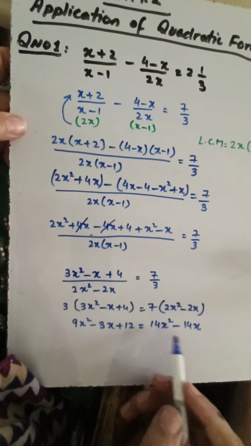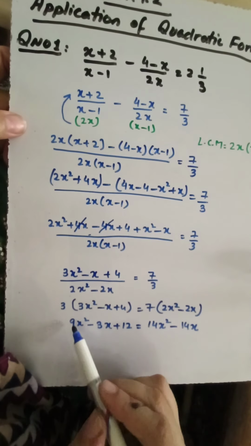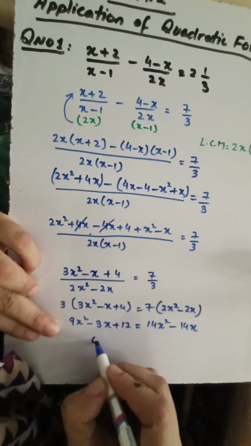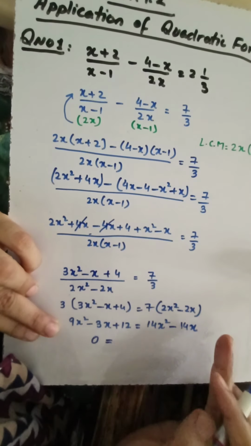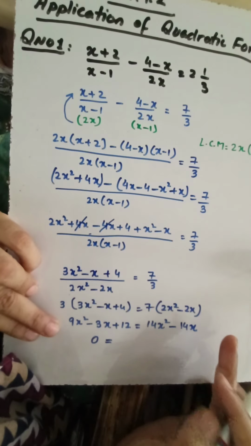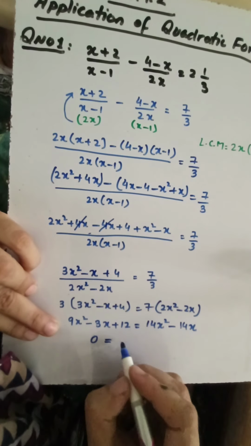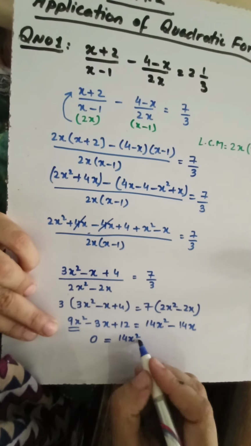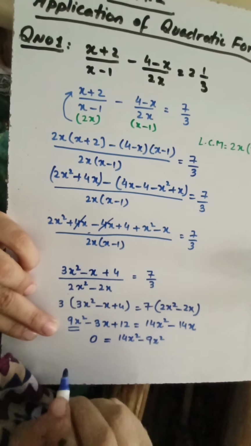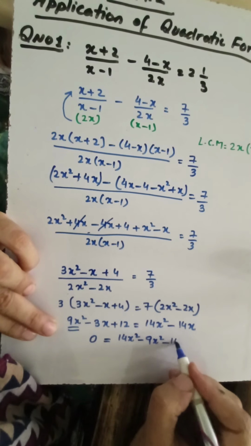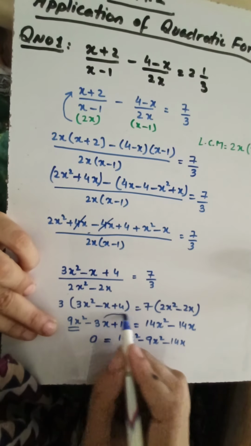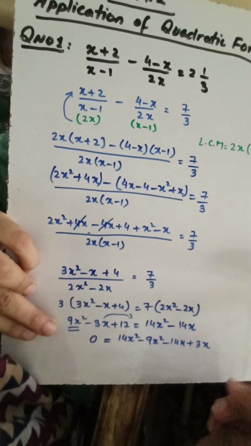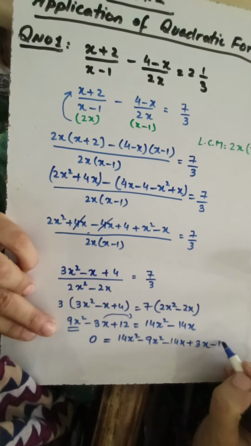Now shifting all the terms to one side, I'm going to shift 9x square over there, plus 3x and minus 12, and we are going to get 0 over here because we'll shift all the terms to the right hand side. So we are going to get 14x square, and then this term shifted to the right hand side will give us this, then minus 14x, and 3x shifted to the right hand side will give us plus 3x. 12 shifted to the right hand side will give us minus 12.